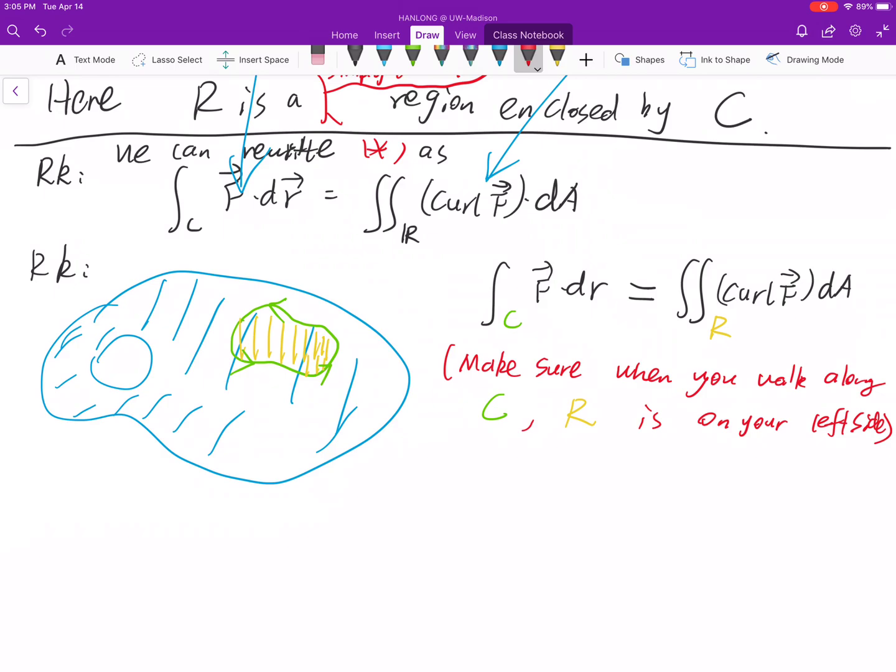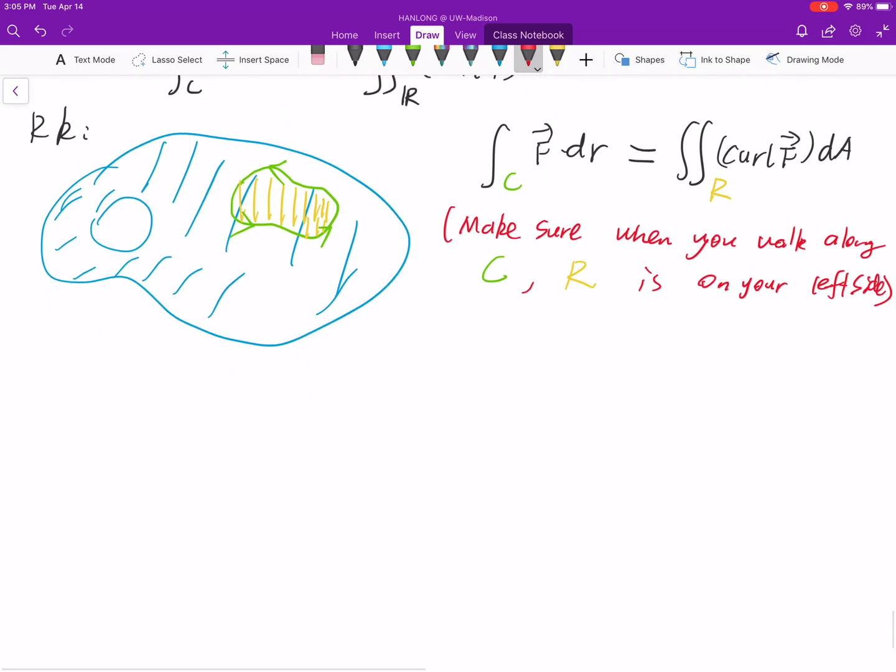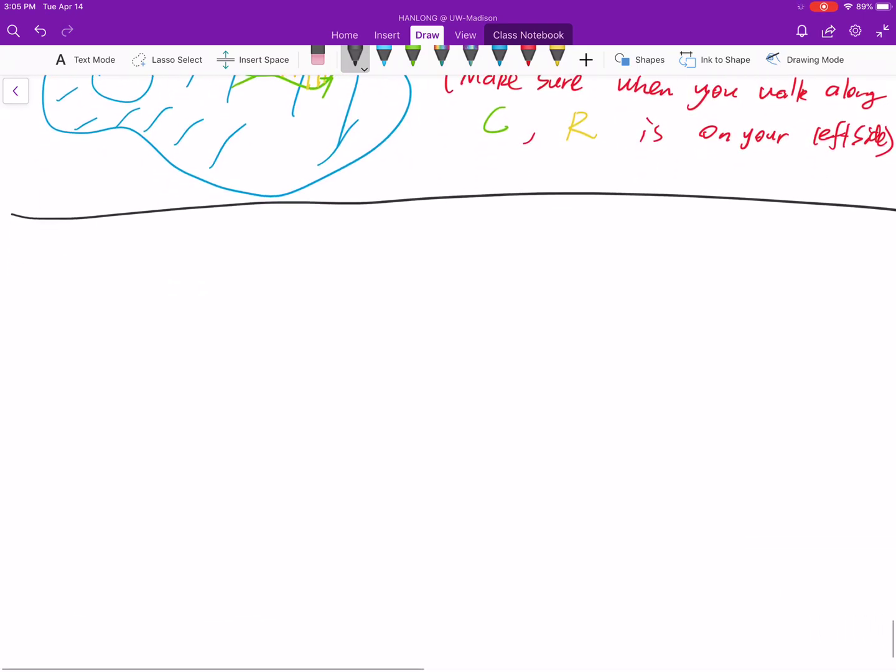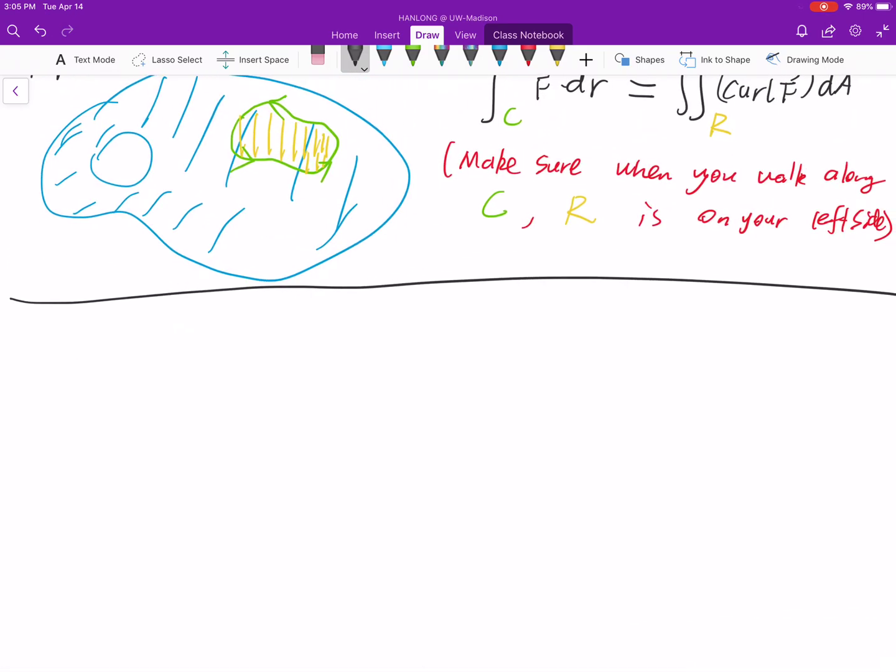Okay, so this is one piece version. There is some other version for multiple pieces. So we can stay here. Still Green's theorem.